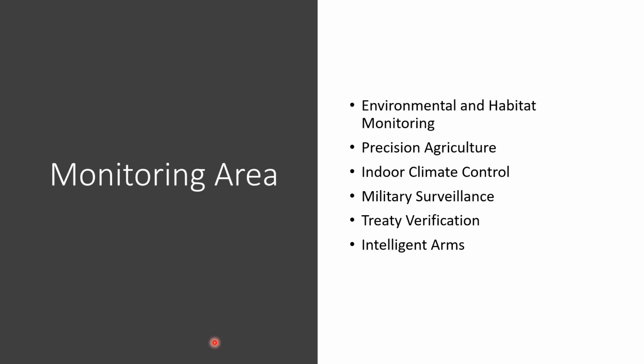This is related to an entire area instead of an object, because we are actually monitoring an entire habitat. An example can be the ZebraNet that we saw. Then precision agriculture, indoor climate control, military surveillance, treaty verification, intelligent arms, and so on. We're going to see one or two examples from this also.